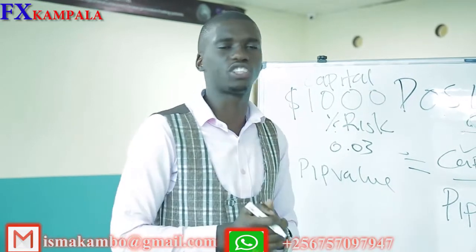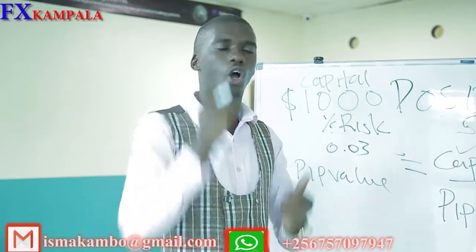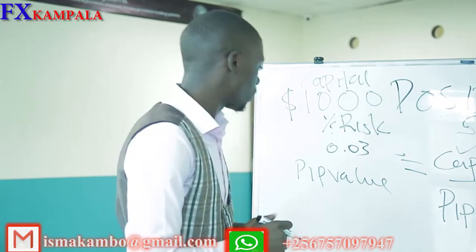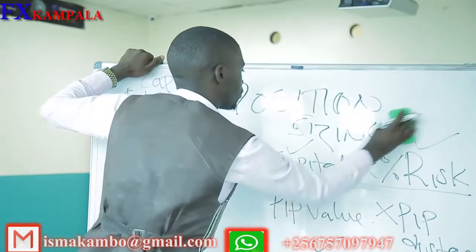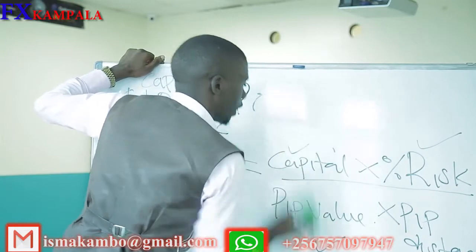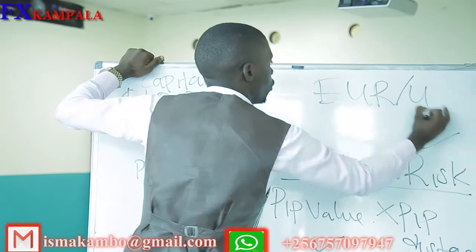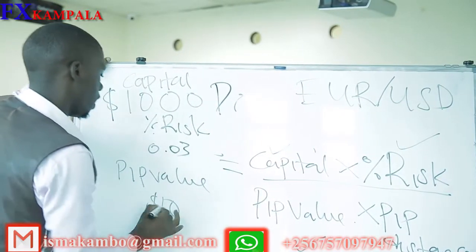So when you put a lot size of 1, the default lot size, you either lose or gain $10 per 1 pip movement. So we'll take this pair to be Euro USD, and our pip value is going to be $10.